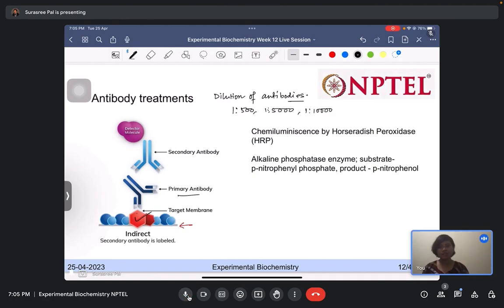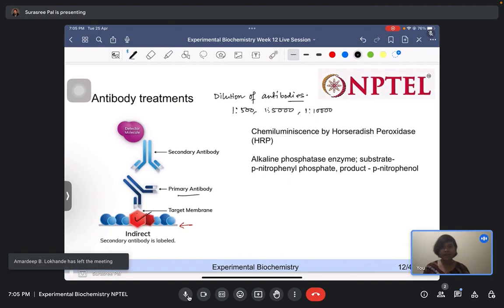In between the primary antibody and secondary antibody treatment, there also has to be a washing step, where we wash off the excess primary antibody, because if we do not wash the excess primary antibody, it will again give non-specific signal. So in between these two antibody treatments, there has to be a washing step. Then we wash the membrane, and we again soak the membrane in secondary antibody solution.